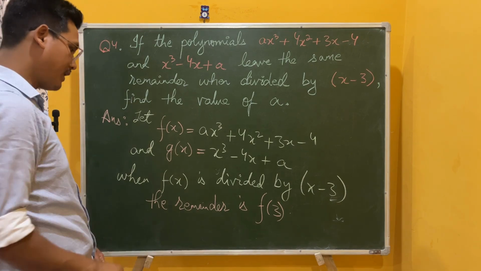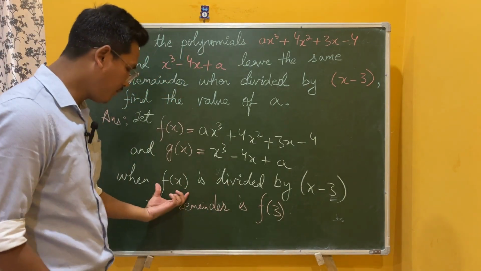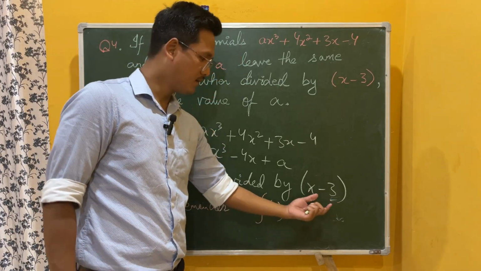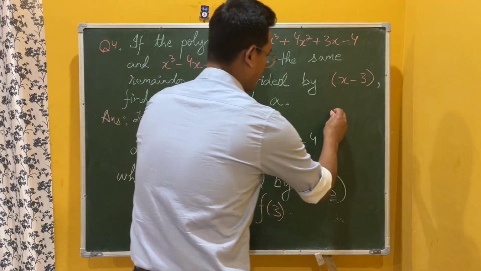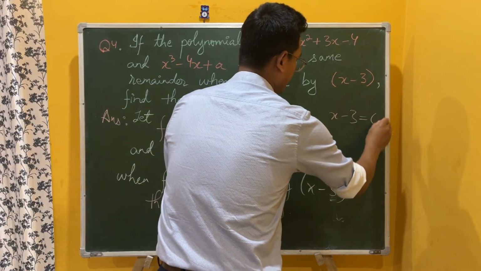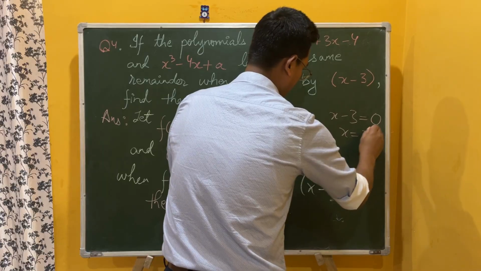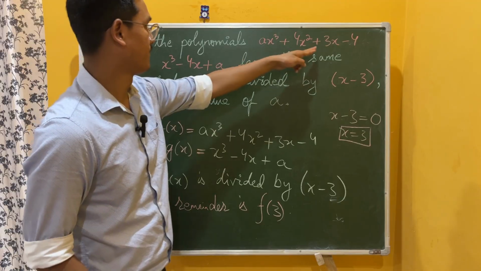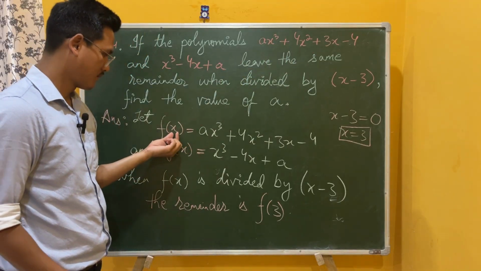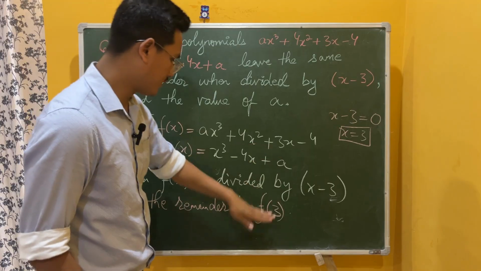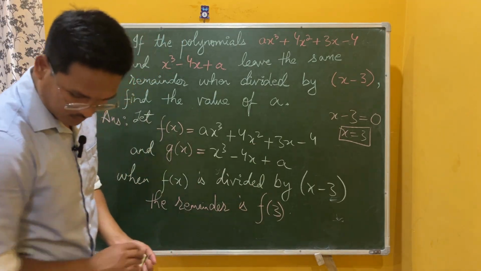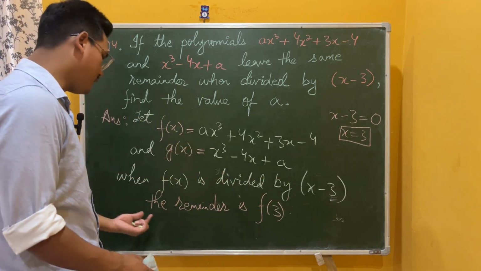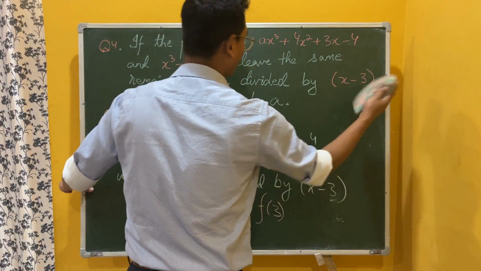How do we get it? When we divide a polynomial by another polynomial, whoever is dividing we equate it to 0. X minus 3 equals 0, and x equals 3. And we'll substitute that x equals 3 into f of x. So this will give us the remainder. So when f of x is divided by x minus 3, the remainder is f of 3.